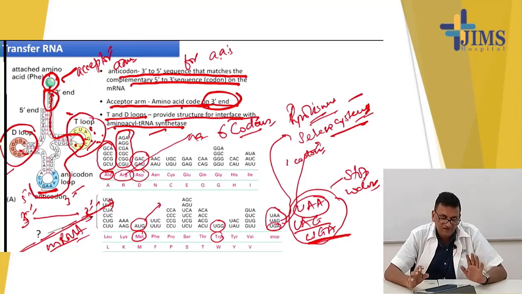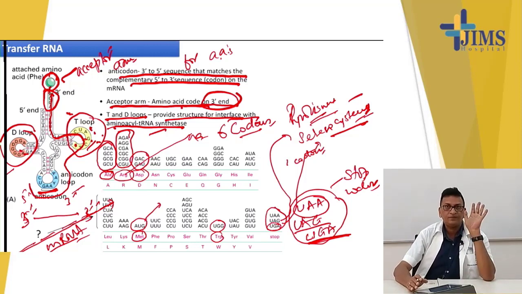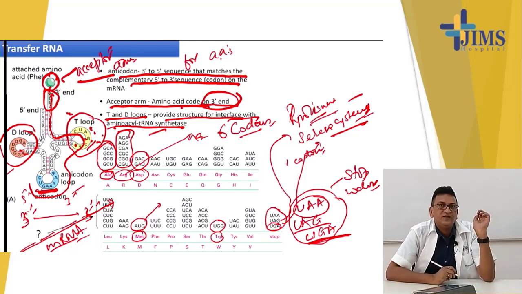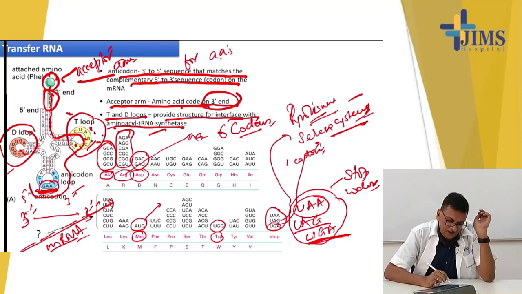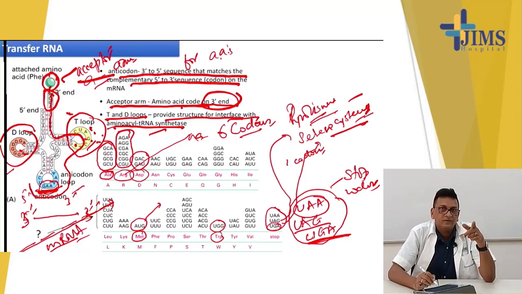So first is activation. Once the activation is happening, we have to see which particular amino acid this tRNA is taking. The amino acid binding to the acceptor arm of the tRNA will be determined by the sequence of anticodon nucleotides present, and these nucleotides will be complementary to that of the codon which is coding.